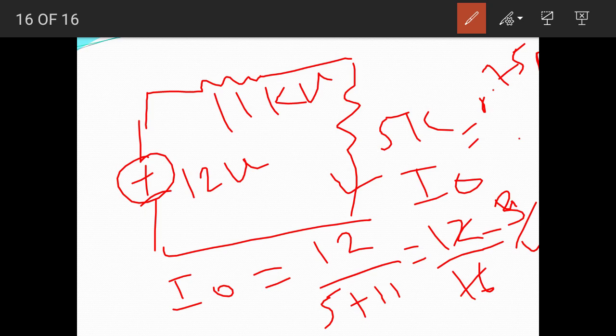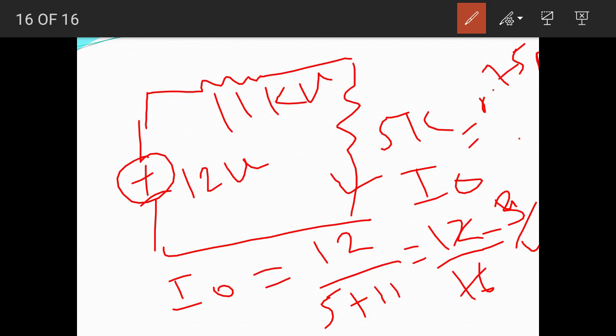So this is the procedure of finding the load current I0, and we can also calculate the voltage across the load resistance. In this question, the voltage across the load becomes V equal to IR, where I is 0.75 and R is 5.